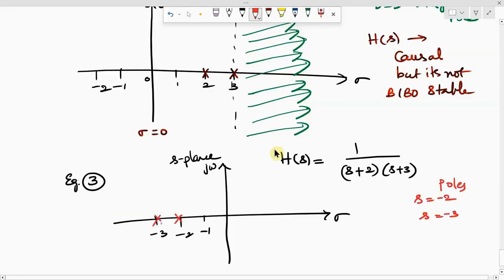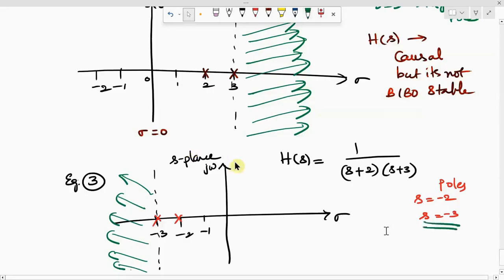Marking the poles. And what I am doing here is representing the ROC as left of the leftmost pole. Now see, is s equal to minus 3 the leftmost pole? Yes, sir. Now the ROC is left of the leftmost pole.